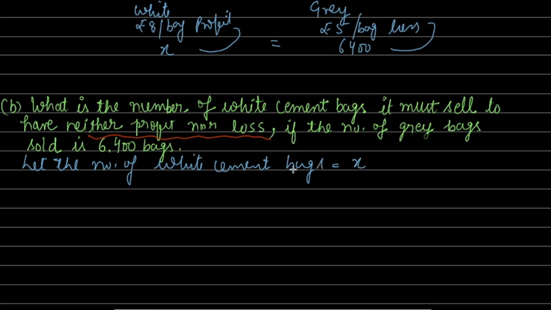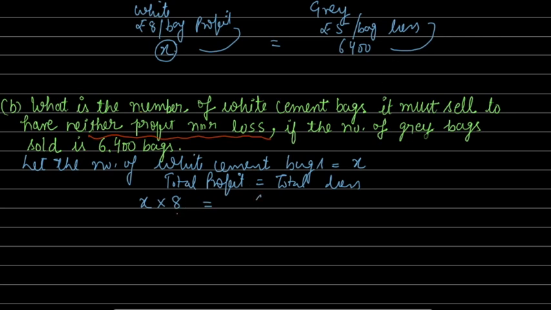Now the question is neither profit nor loss. So it means total profit should be equal to total loss. That is the condition. Total profit will be how much? Number of bags into 8, because rupees 8 per bag is the profit.